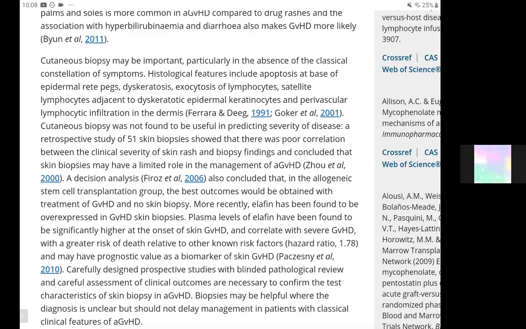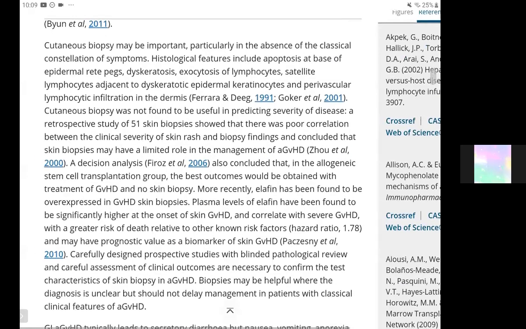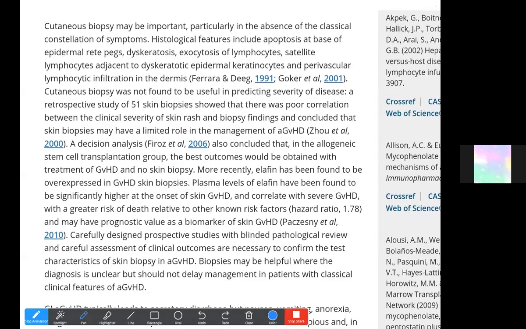Okay, so I think this is clear again. Now, the histological diagnosis, we were just going through this, and I will try to have some images ready for this next time.